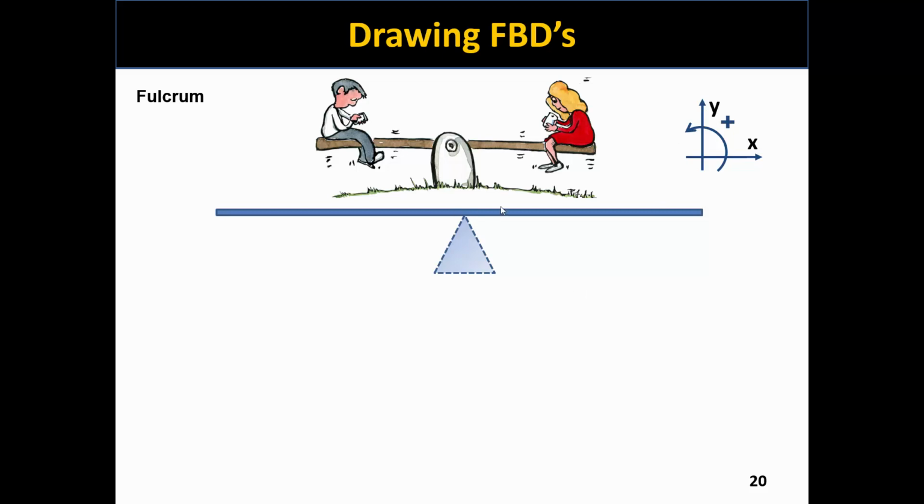So I have my rigid bar. Now typically we do not draw the external contact. The central pillar that the bar is connected to is considered an external contact, but I like to draw a shadow or silhouette, a very light image of a fulcrum, just so I have perspective as to where that external contact is.